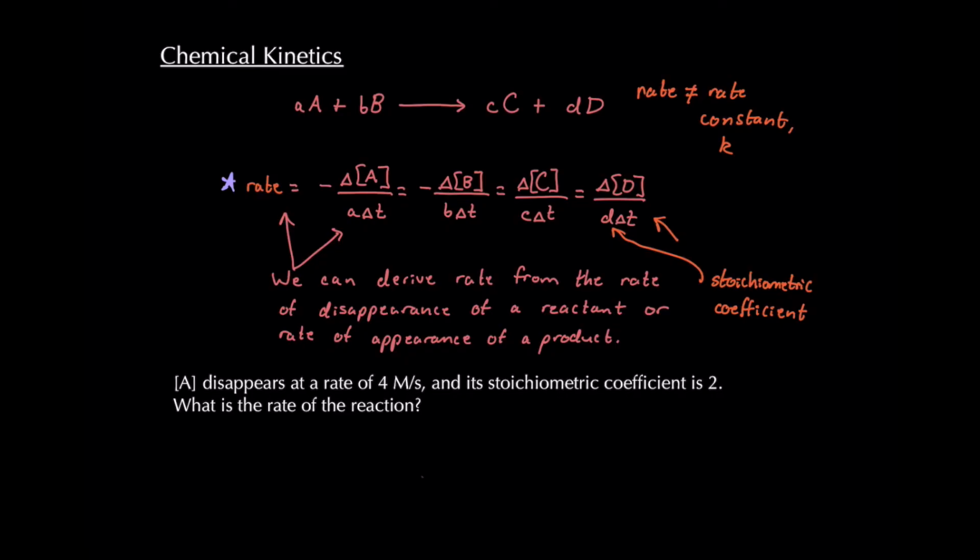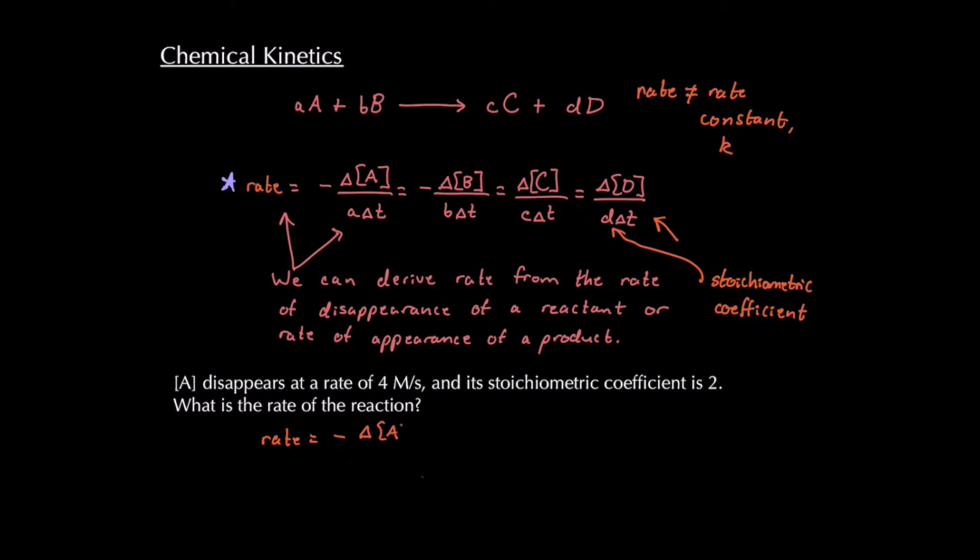All right, now let's get into this practice problem here, where it says our concentration of A, or A in brackets, is disappearing at a rate of 4 molarity per second, and its stoichiometric coefficient is 2. What is the rate of the reaction? Well, the equation we're going to be using here is this one.